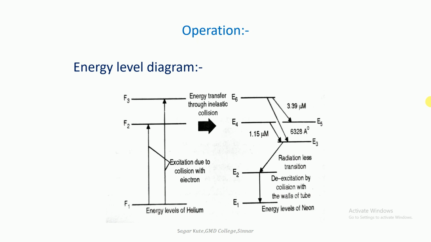This multiplication process results in a very large number of photons, with exactly the same frequency, same direction and same phase, produced as the laser output. The power output is in the range of 1 to 10,000 milliwatt. The helium neon laser operates in CW mode, as the neon atoms are excited to the upper level continuously through collision.